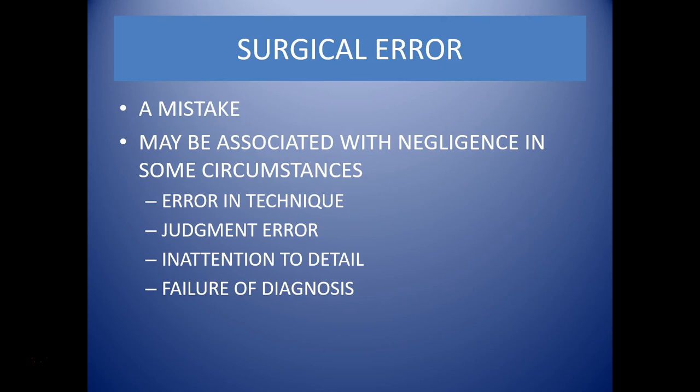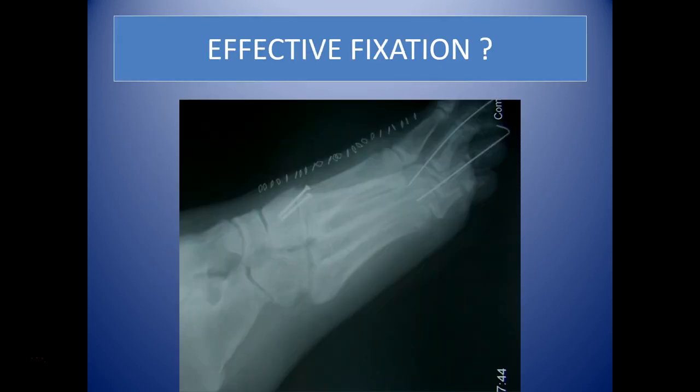So here again, we want to think about definitions. Is what we're looking at, whether it's our work or someone else's work, a complication? Is it simply a failure to cure? Is it a mistake? Is it error? Is it a sequela? So let's look at this particular case. This was a Lapidus procedure that was done, and it went on to a non-union.